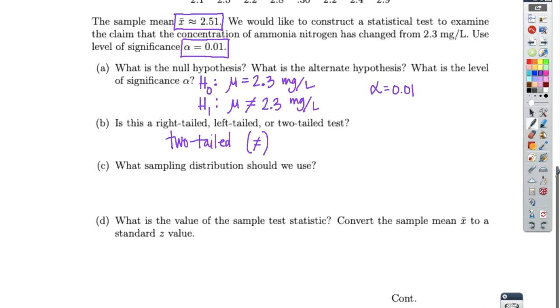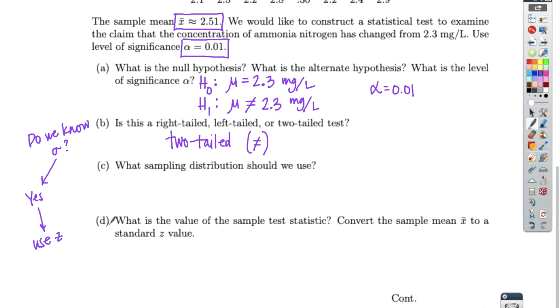Now, this next question might seem a little weird, but it's hinting at what we're going to get to in section 9.2. What sampling distribution should we use? Well, same decision tree that we did in chapter 8. Do we know sigma? Because we do, we're going to use Z. You can probably see where this might be going in section 9.2.